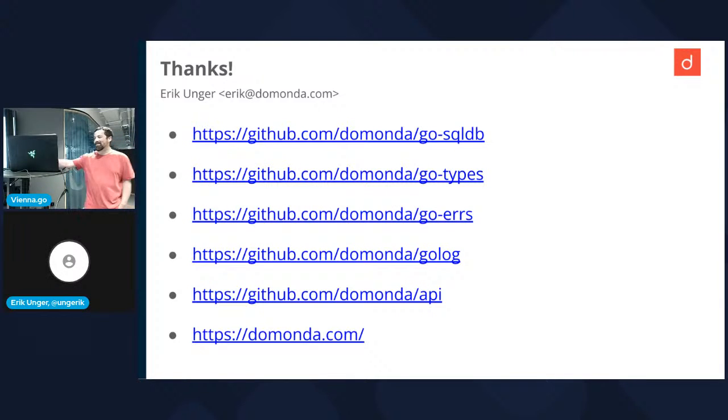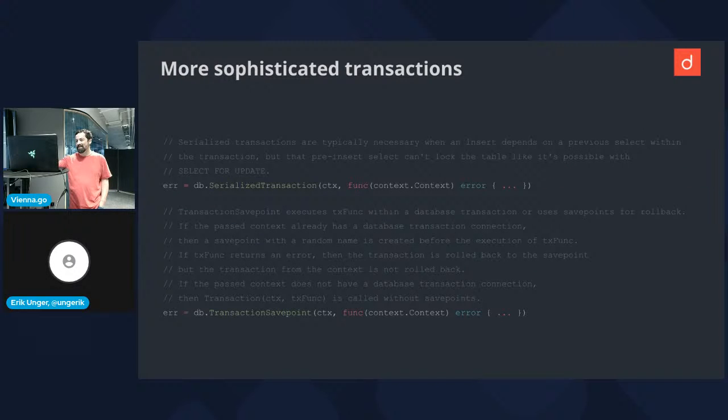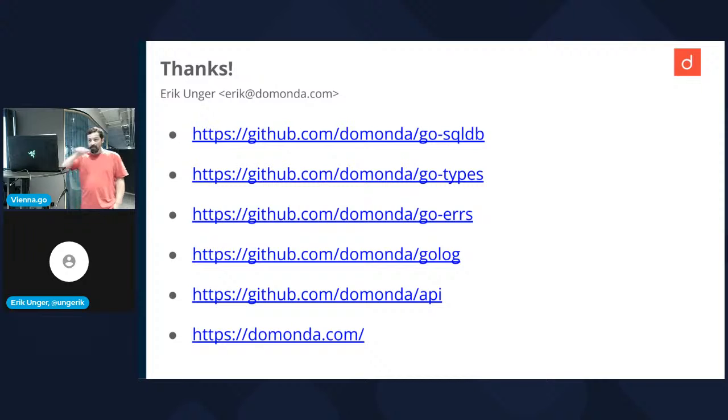And here we have those things I've shown here, so serialized transactions and savepoints and stuff like that. So we have some locks that live in Go code and some locks that live in SQL land, and it all has to be synchronized, and that really can get tricky.